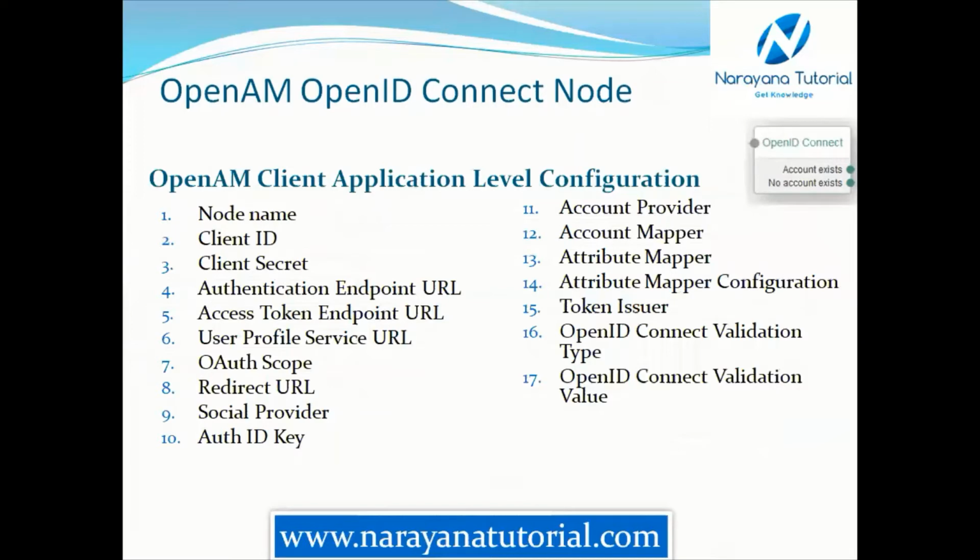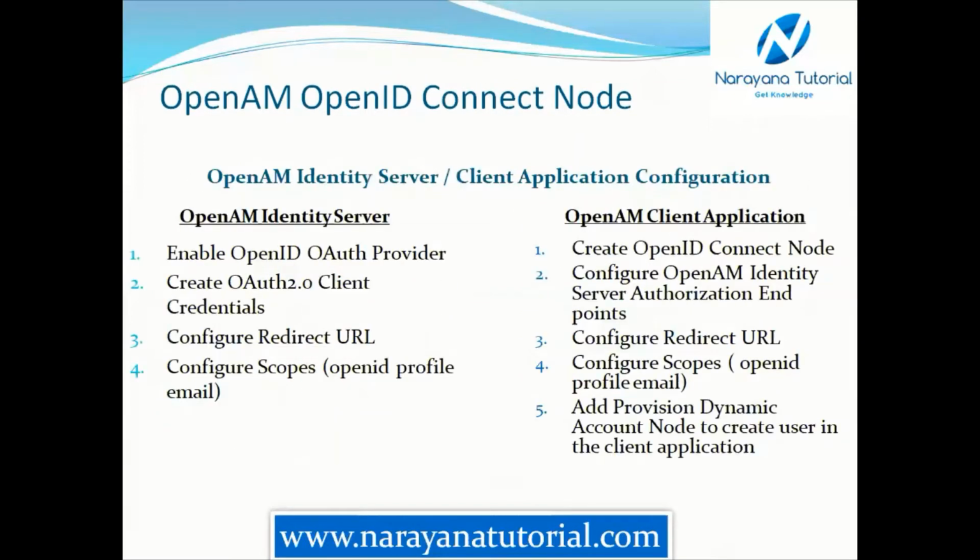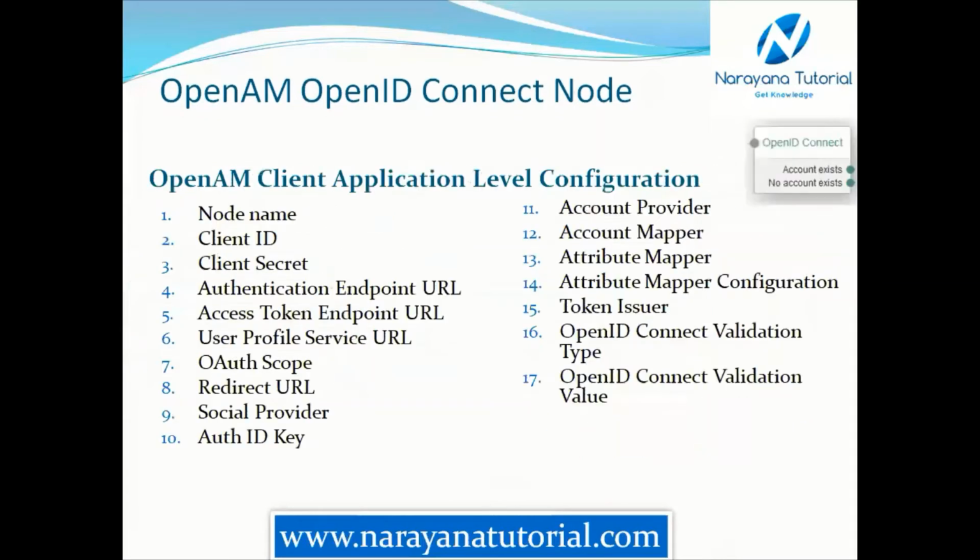So now I am showing the OpenAM client application level configuration first. I have given a brief introduction to the IDP server and the client application. In the client application, what are the parameters we have to configure? In the OpenID Connect node there are a number of parameters: node name, client ID, client secret, authentication endpoint, access token endpoint URL, user profile service URL, auth scope, and redirect URL.